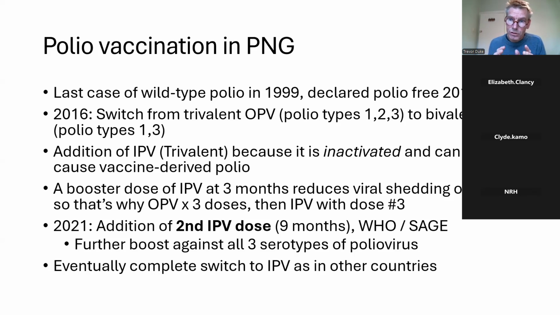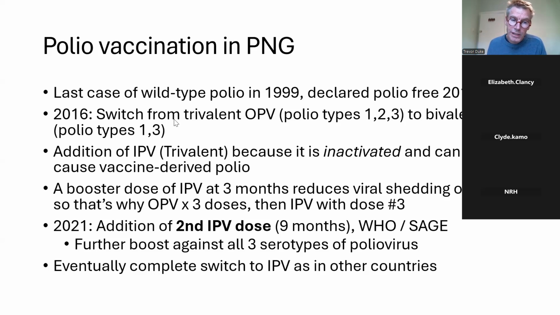If a child gets effective doses of IPV, then even if they get poliovirus, diarrhea, and fever, they won't get paralysis. It protects well against paralysis, not as well against the circulation of virus in a community.